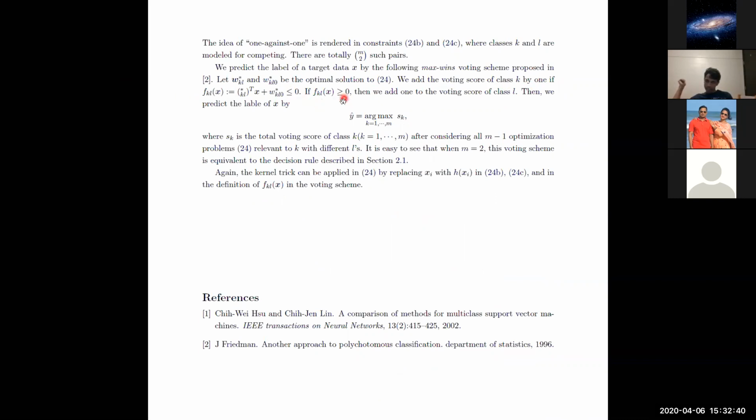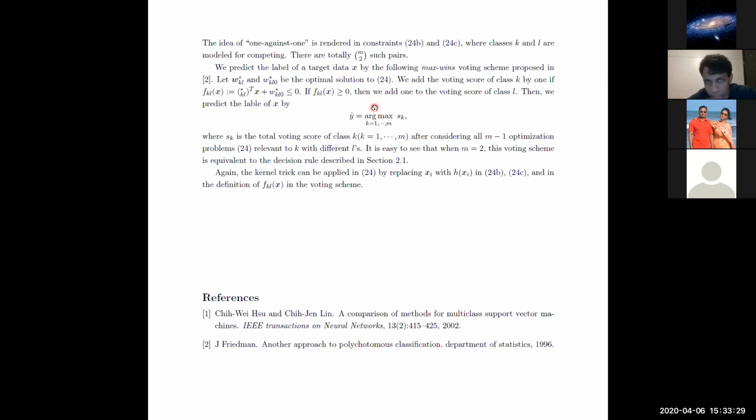If f_KL(x) is greater than or equal to 0, then I add 1 point to the voting score of class L. I do this for all pairs, so each class gets its own score, because each class is compared with the other m minus 1 classes. Then I predict the label by the maximum voting score.